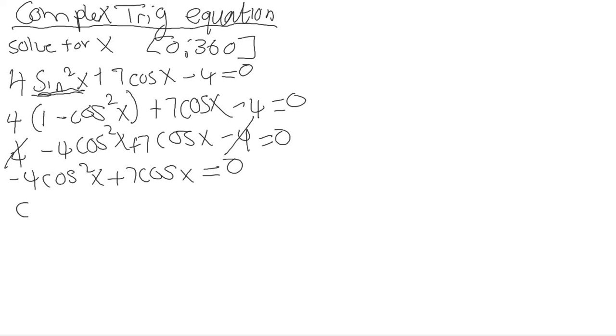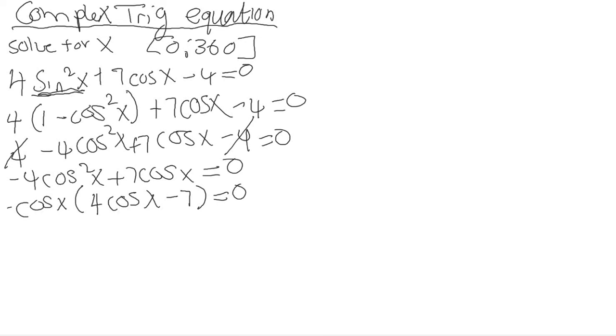Then you remove negative cos x as your common factor, and you're left with 4 cos x minus 7 in brackets, equals 0.